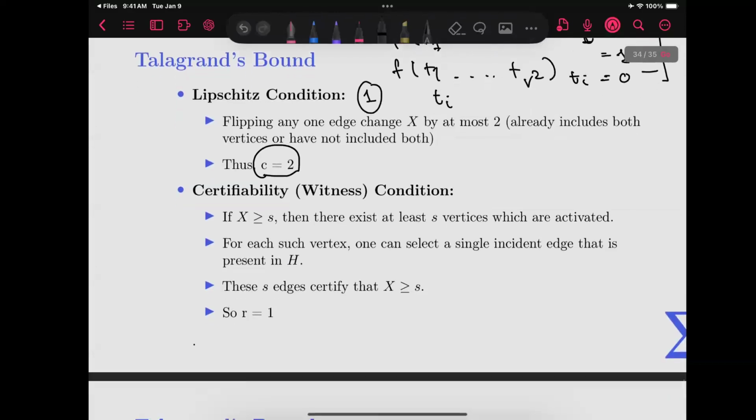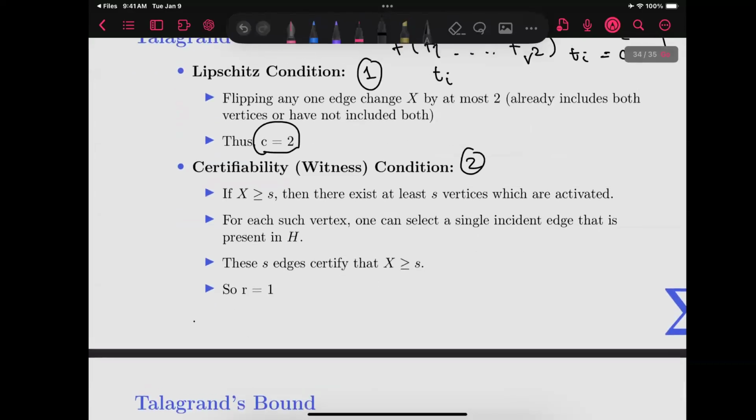Now we go into the second condition. We remember that our second condition is that if X is bigger than S, then what is the r s triangle that we have to see? If we want to guarantee that at least 20 vertices appear in graph H, then how many edges have to be included in H?